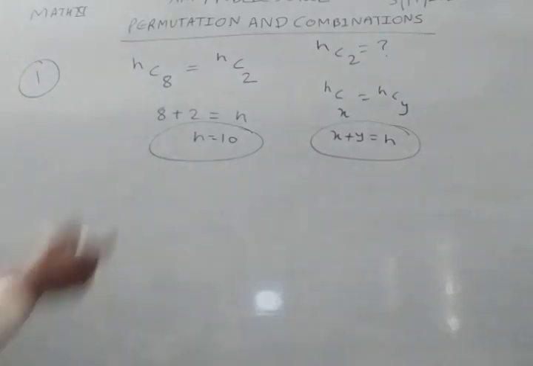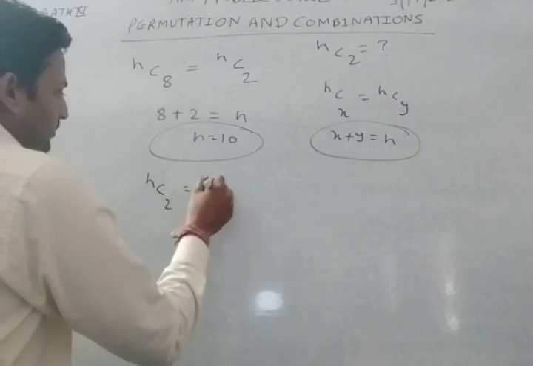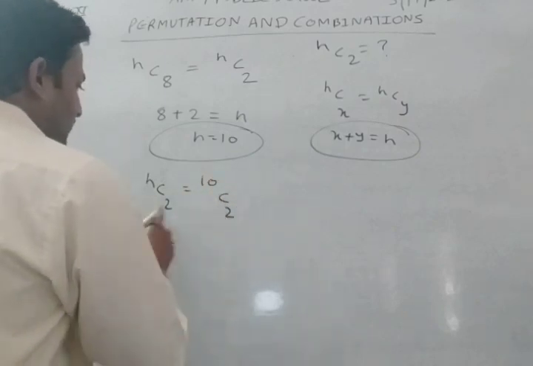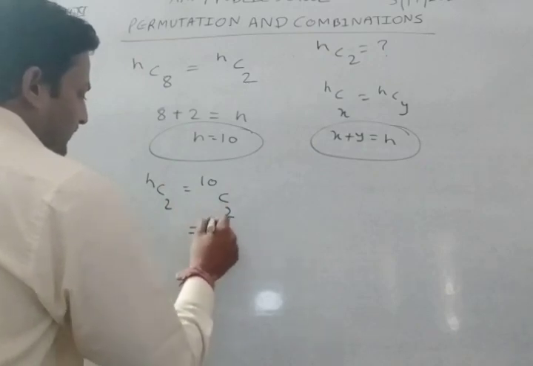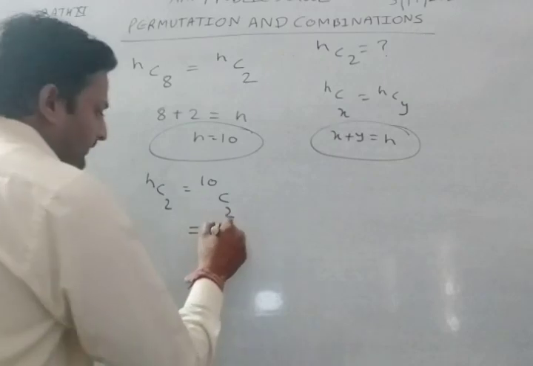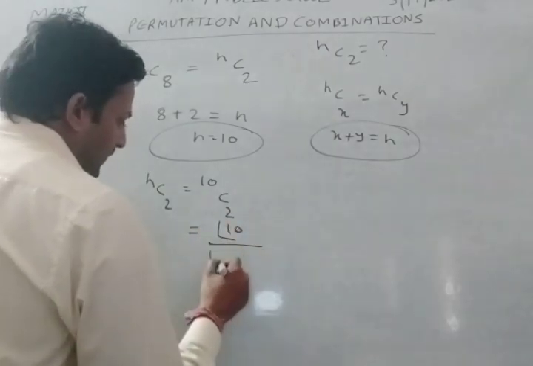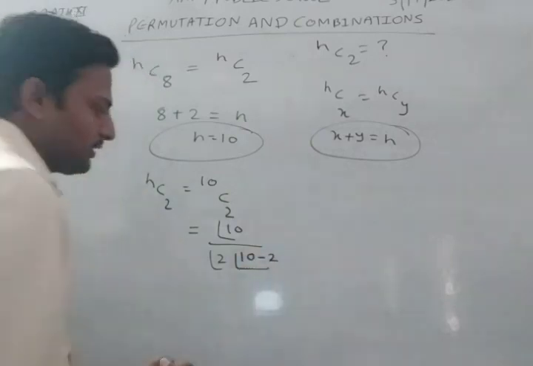Now we have to find nC2. So 10C2, we can write this because n is 10. This is factorial 10 by factorial 2, factorial 10 minus 2.